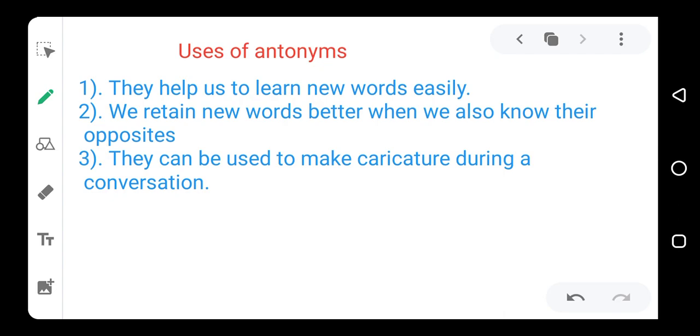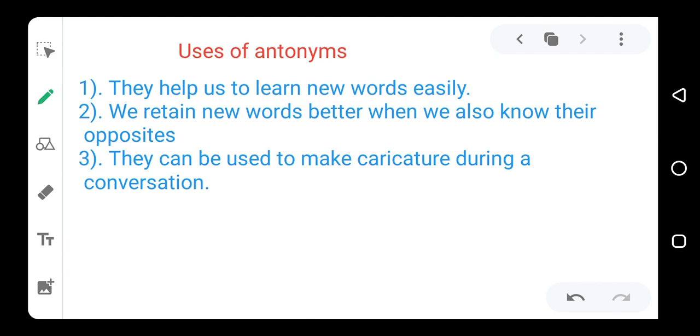If you know dark and you know that the opposite of dark is light, knowing two of them will help you to retain the information very well, so that when you forget dark and you remember light, you begin to think, okay, what is the opposite of this light? Before you know it, now you remember the opposite.